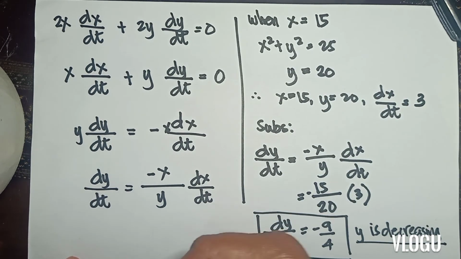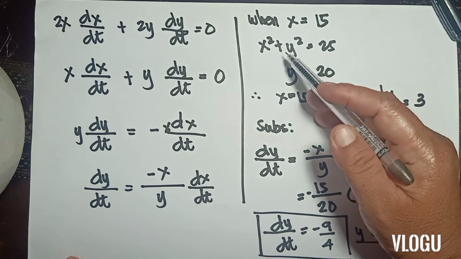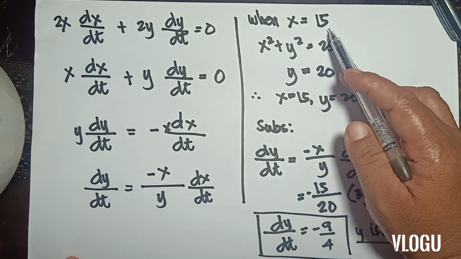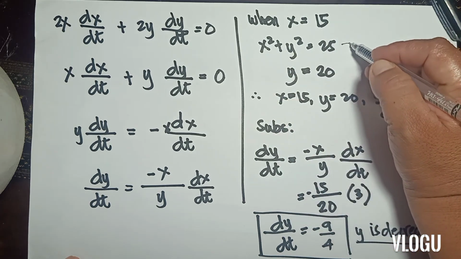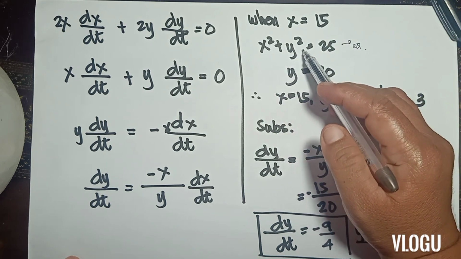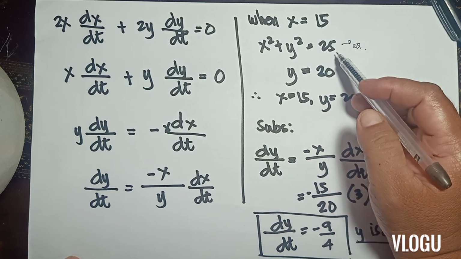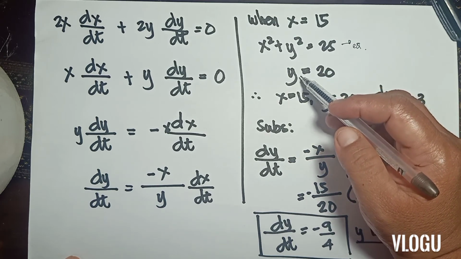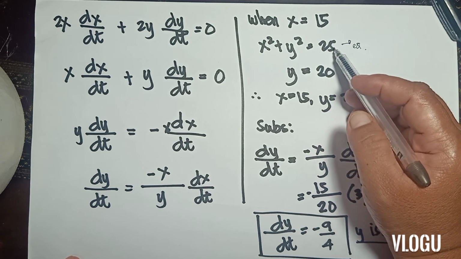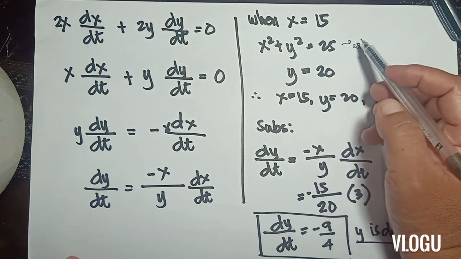When x is equal to 15, we can solve for the value of y. What is the value of y when x is equal to 15? From the definition, this is now your equation. We have x squared plus y squared is equal to 25 squared. If we solve for y, y squared is equal to 25 squared minus x squared.